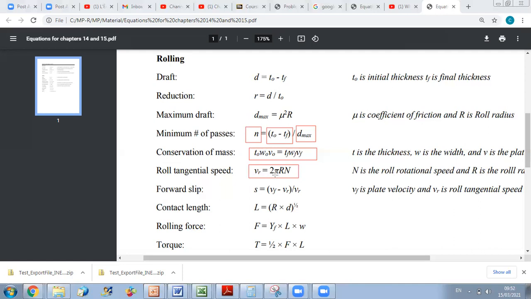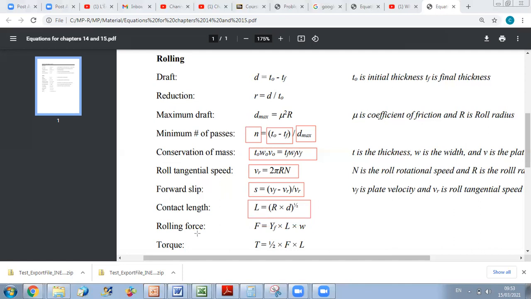So VR is 2 pi r times n. The forward slip will give a relation between VF, which is v final, and the roller velocity. The contact length can be computed as the square root of R times the draft, t0 minus tf.